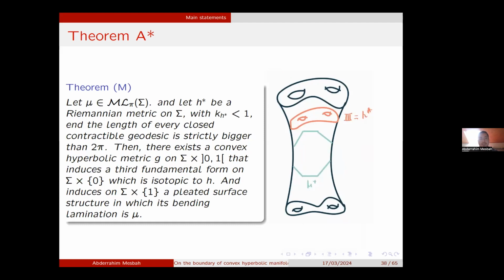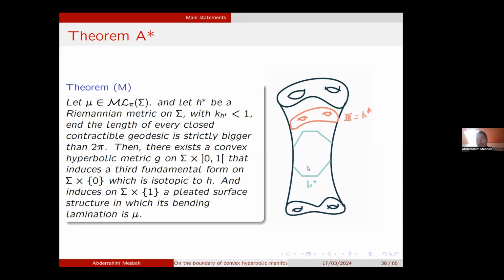A similar statement holds for the third fundamental forms. If we take mu to be a measured lamination with the condition that no closed leaf has weight bigger than pi, and we take H star to be a Riemannian metric on sigma that satisfies the conditions for realization of the third fundamental form, which are that the curvature must be smaller than 1, and the length of every contractible closed geodesic is strictly bigger than 2 pi, then we can find a convex hyperbolic metric on sigma times [0,1] that induces H star as third fundamental form on the upper boundary, and induces the lamination mu as bending lamination on the lower boundary, mu plus.